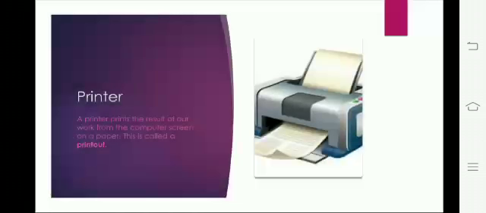It prints the result. You all write your UTs and you write answers on that sheet. That is the printout. First we have typed it, then we have given an instruction to the printer to print, and then we get the printout.